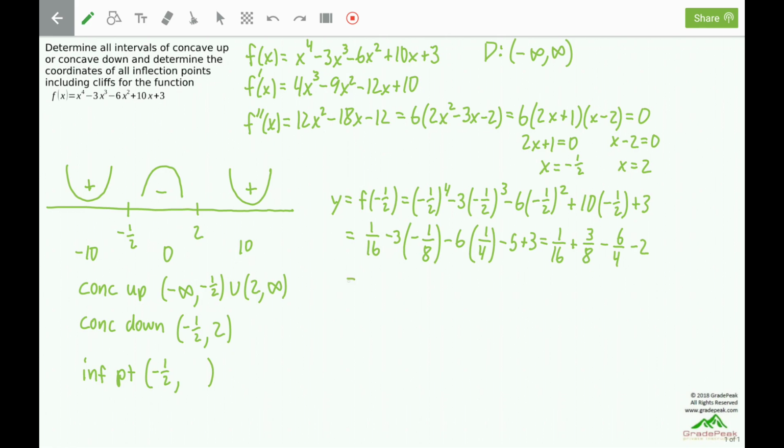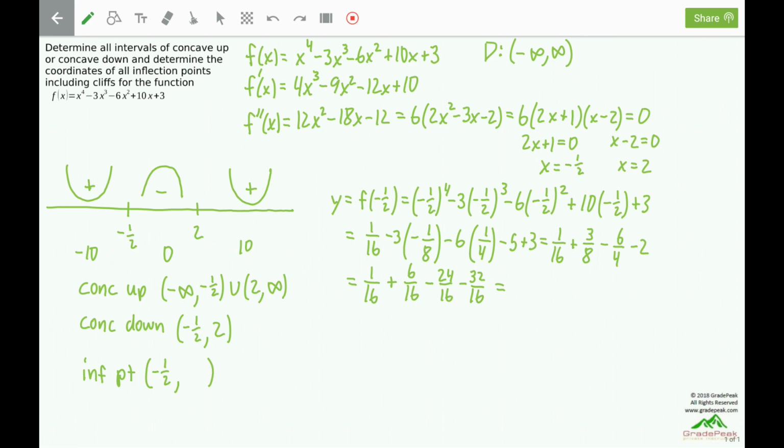We will leave the first term alone, 1 over 16. We can multiply the second term by 2 over 2, which will make it become a positive 6 over 16. We can multiply the third term by 4 over 4, so it'll become a negative 24 over 16. And then we can multiply the negative 2 by 16 over 16, so it'll be a negative 32 over 16.